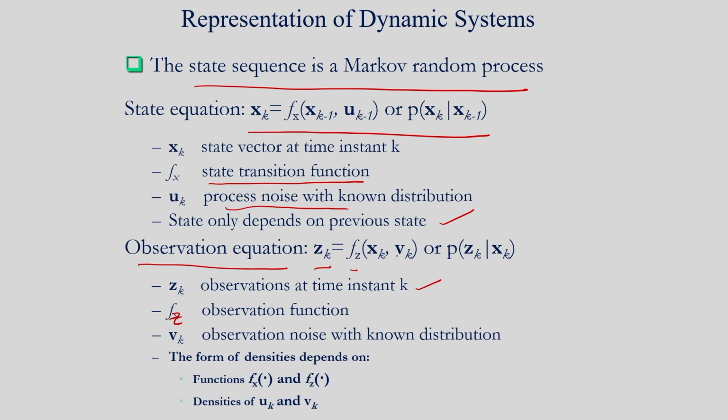I am considering the process noise uk and the observation noise with known distribution. The form of density depends on these two functions, one is fx, another one is fz, and we have the densities, one is the process noise uk and another one is the observation noise. That is the representation of a dynamic system.